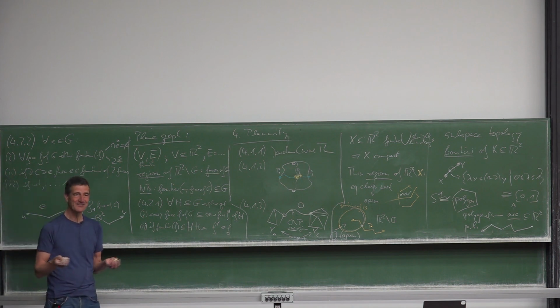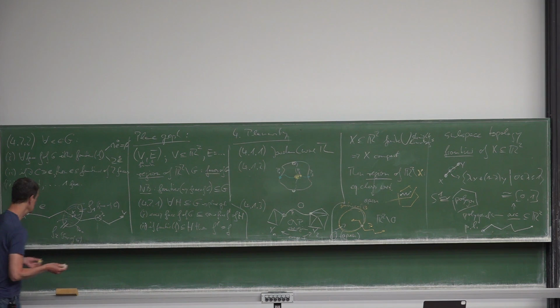And we don't yet know whether F1 and F2 are the same, but what we do know is that this point cannot lie on the boundary of any face other than F1 and F2, right?